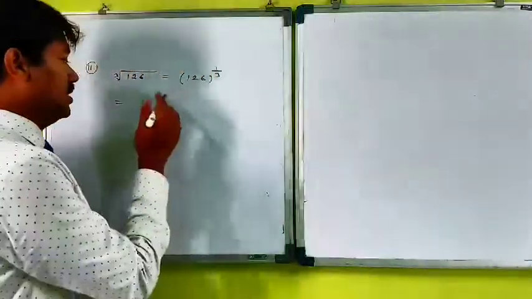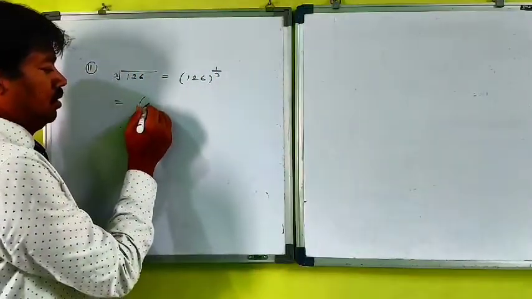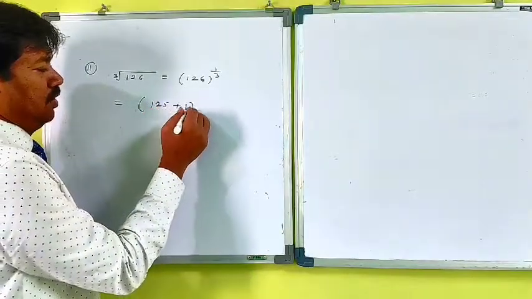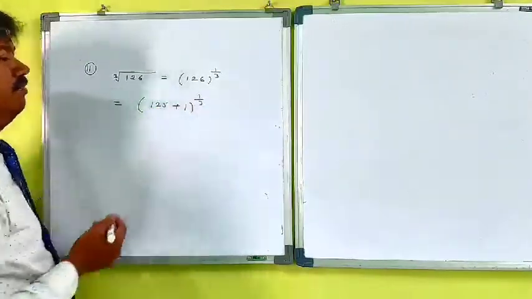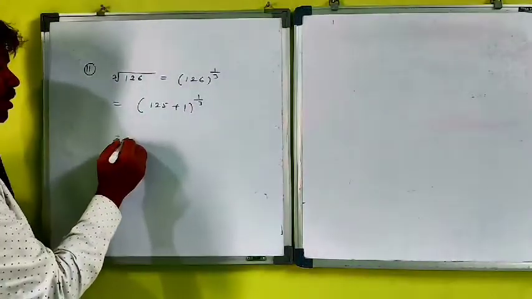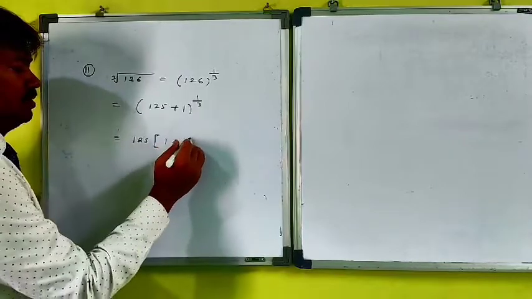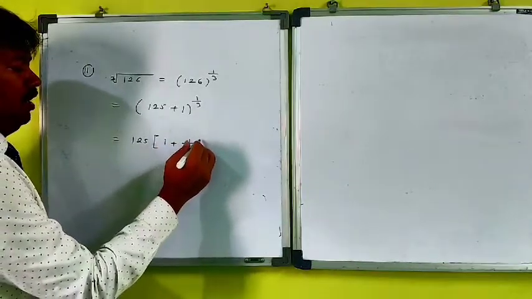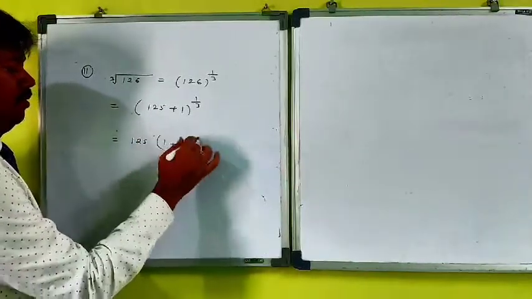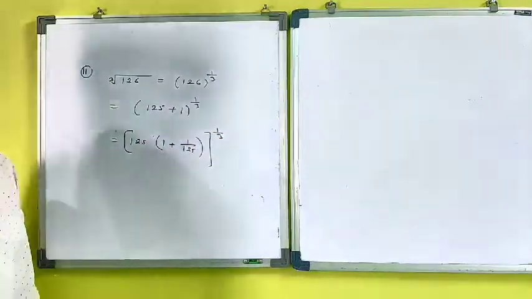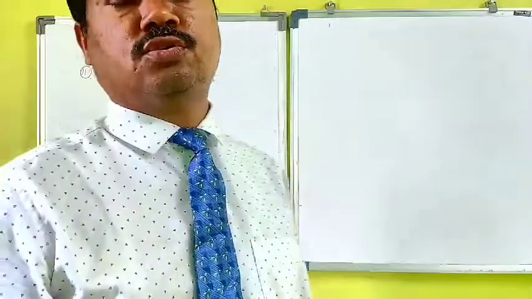So we can write this as 125 plus 1, and 125 becomes common here. So it is 125 into 1 plus 1 upon 125, all raised to 1 upon 3.